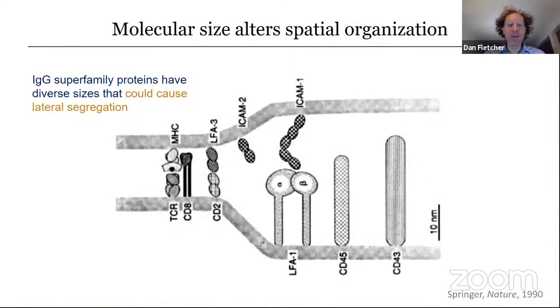Thirty years ago now, Tim Springer, in a wonderful review article that mapped out the different sizes of immune receptors and adhesion molecules, really, I think, brought forward the idea that the different sizes are probably going to need different gaps between membranes to exist, and that because you have small and you have large, they are likely to be spatially segregated.